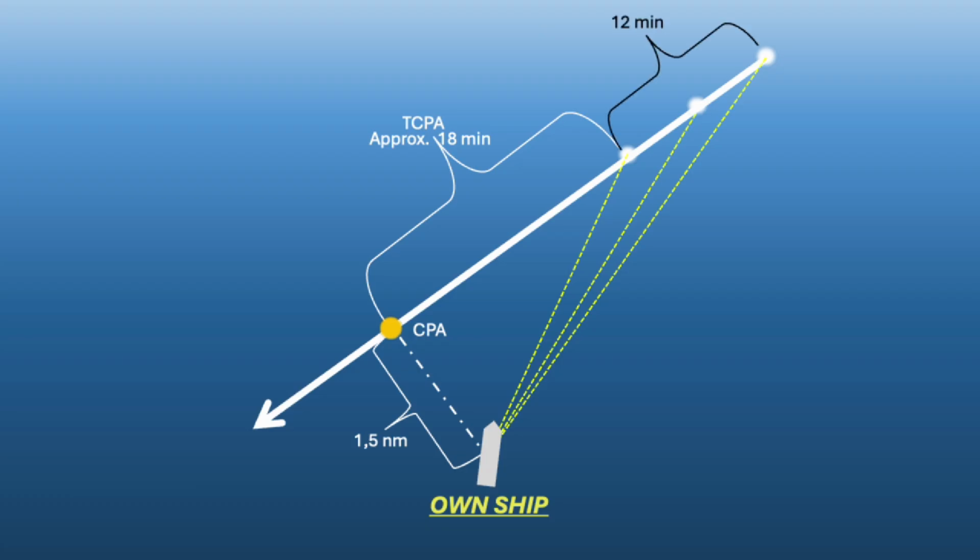As you see, own ship speed is not used to calculate CPA and TCPA. Conclusion: for CPA and TCPA calculations, it does not matter if speed log or GPS input is selected. Own ship speed input is used only to calculate true speed and course of the target.